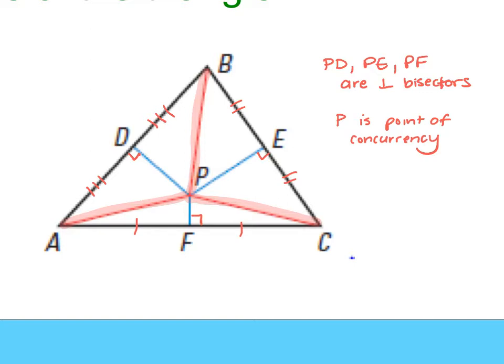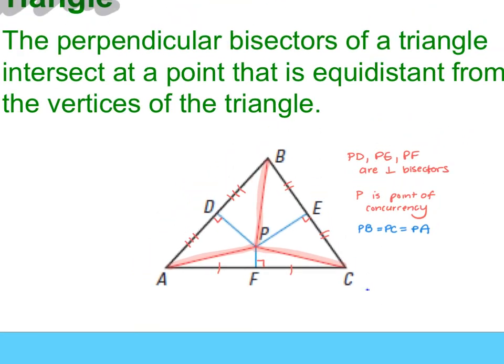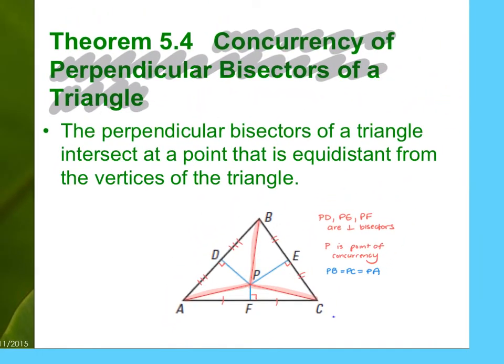So based on all that, I know that PB equals PC equals PA. So that's the concurrency of the perpendicular bisectors of a triangle theorem.